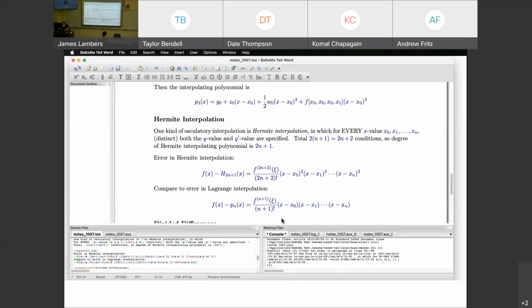Whatever degree the polynomial has, that plus 1 is the order of the derivative. You have that degree plus 1 factorial down below. And then you have these factors, x minus each of the interpolation points. Now, here those linear factors only occur once, because all the x values are distinct. Here, they're all squared, because each one is listed twice for the two conditions that it has to satisfy.